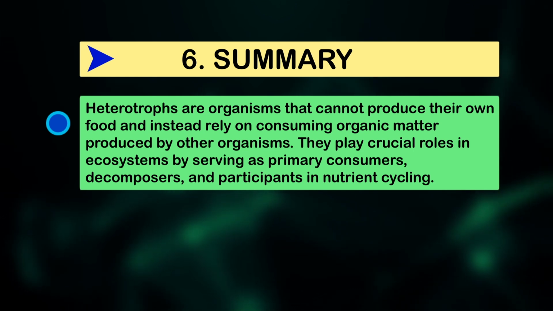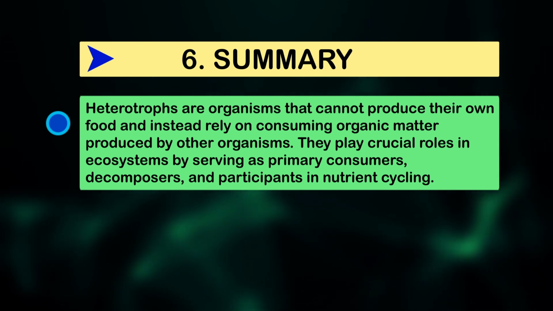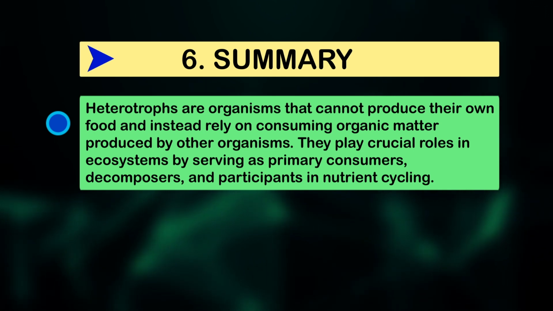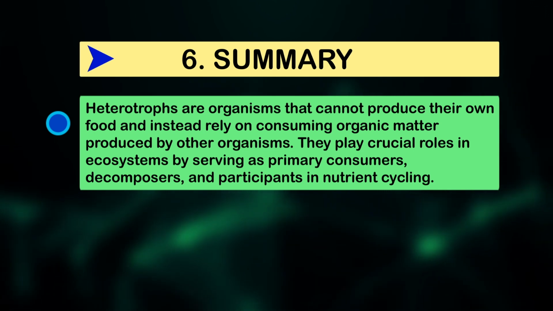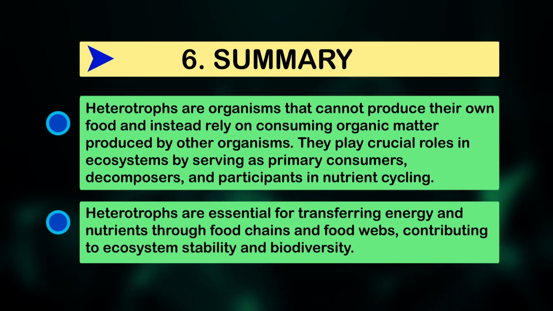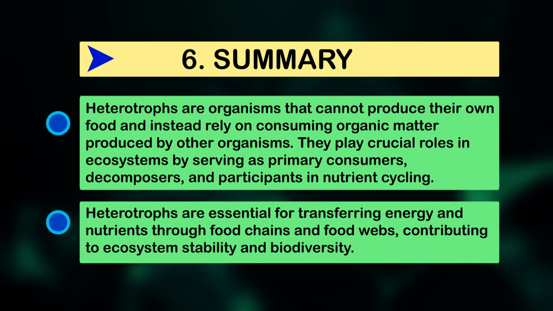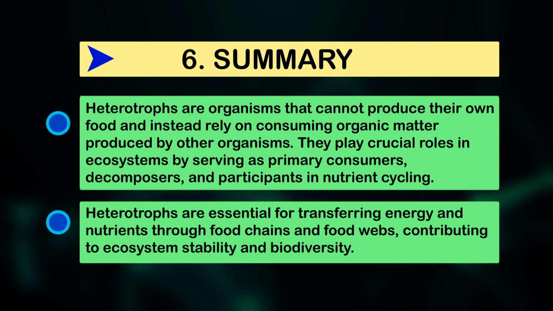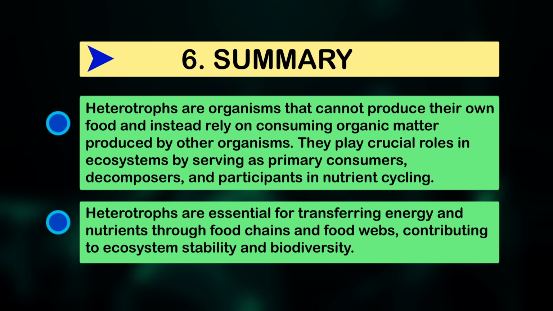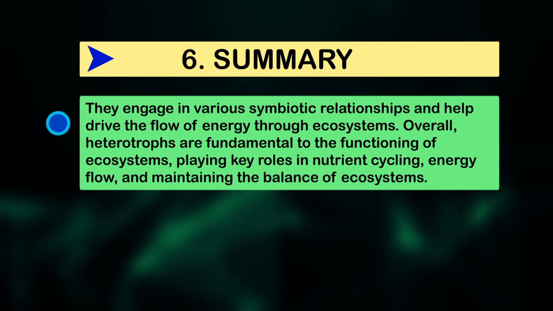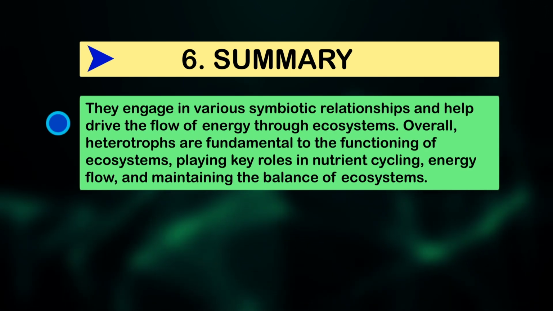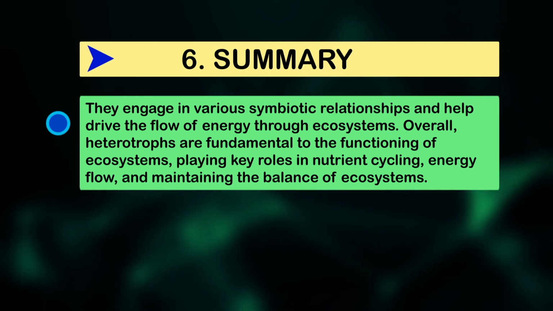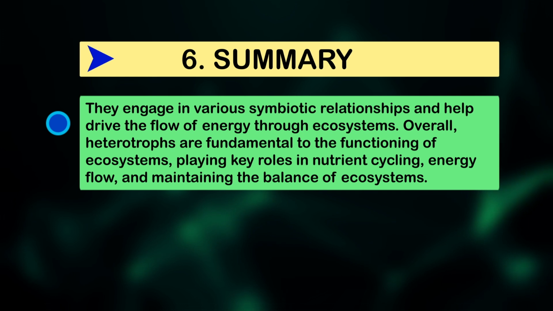The energy flow in the food chain should be constant, in a continuous mode. Heterotrophs are essential for transport of nutrients through food chains and food webs, contributing to ecosystem stability and biodiversity. They engage in various symbiotic relationships and help to drive the flow of energy through ecosystems.